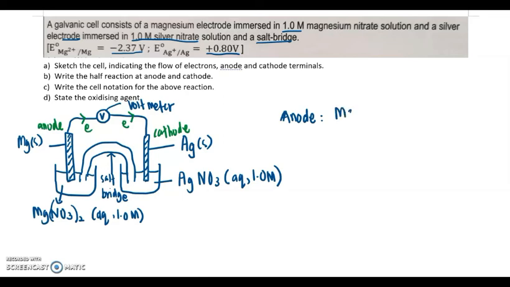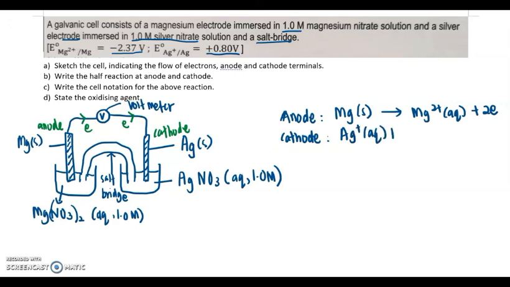So magnesium dia akan jadi magnesium 2 plus plus 2 electrons, because anode undergo oxidation. And at cathode, silver ion plus electron, it become silver solid. At cathode 1 electron, at anode 2 electron.